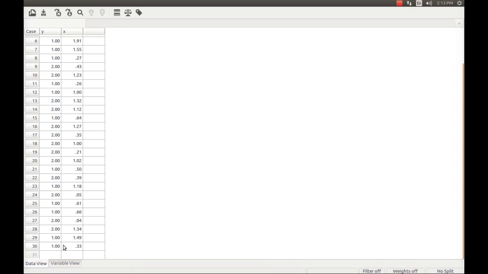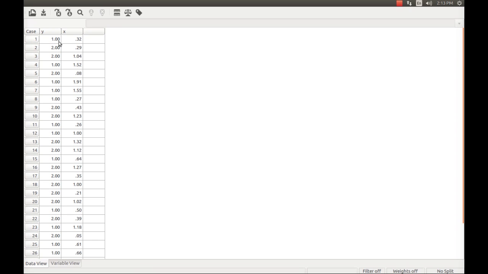So we just have to imagine that we collected this data from 30 patients, and the data deals with the attitude of the patient towards healthcare spending or expenditure. So X stands for the amount of money spent by the patient, and Y stands for the attitude. 1 stands for unfavorable, and 2 stands for favorable.